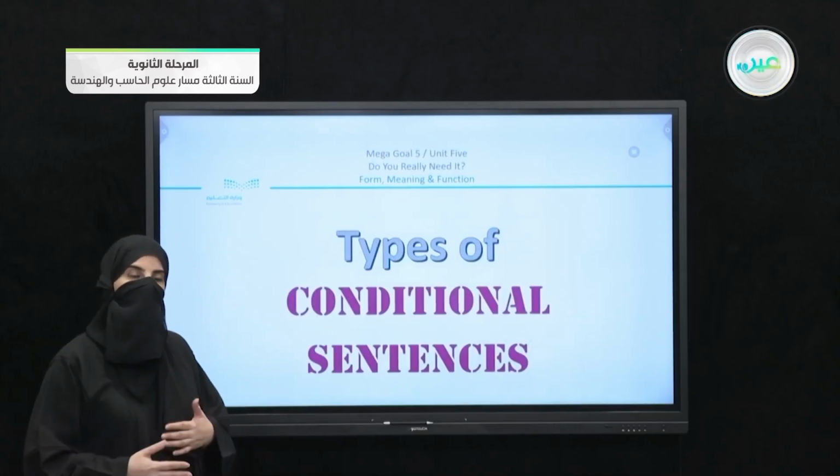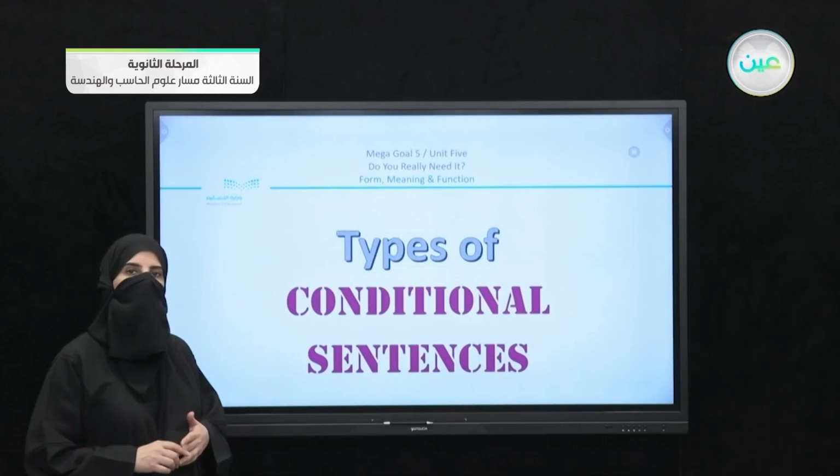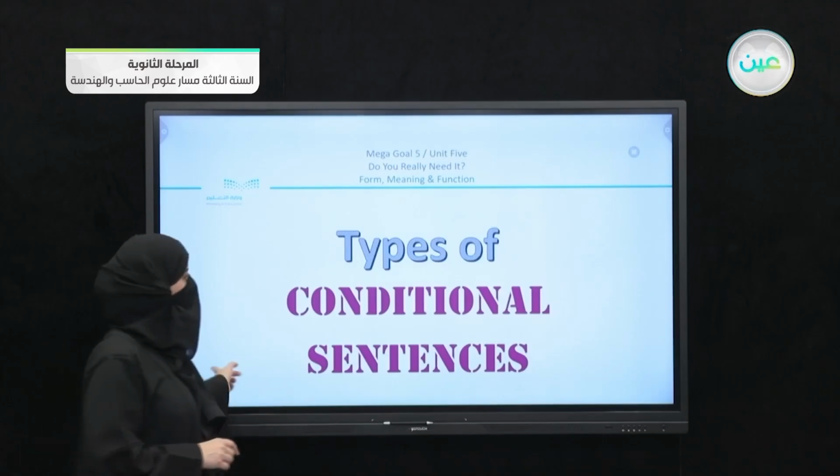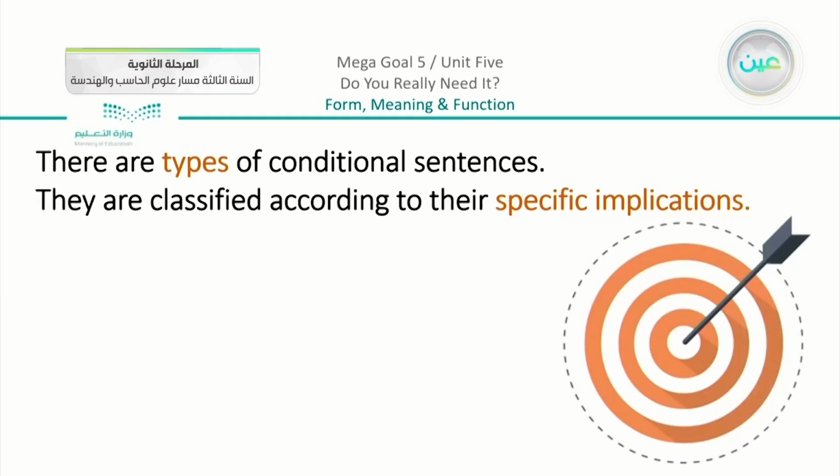We are going to move now to the types of conditional sentences. There are types of conditional sentences. They are classified according to their specific implications. So what do I mean? What am I talking about?